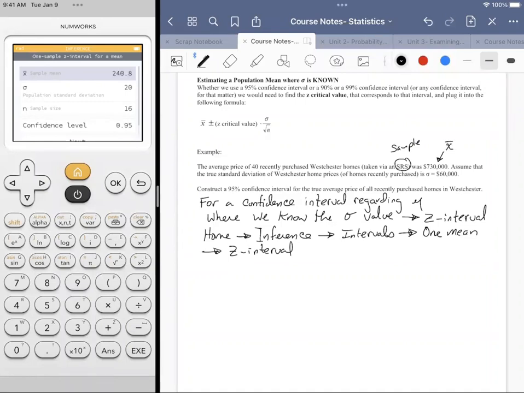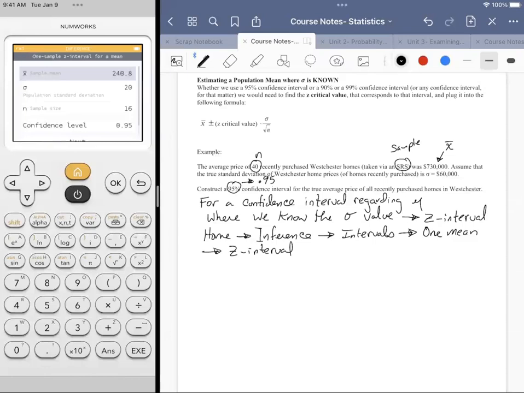They told us sigma, and we're talking about 40 recently purchased homes. So that's the N value. Then they say 95% confidence. So that's my confidence level, 0.95. All right. So everything has a home here.